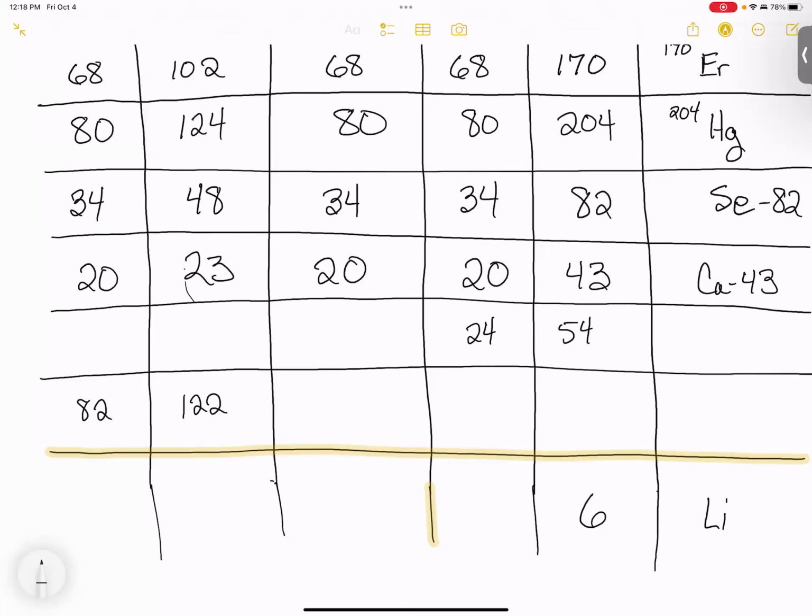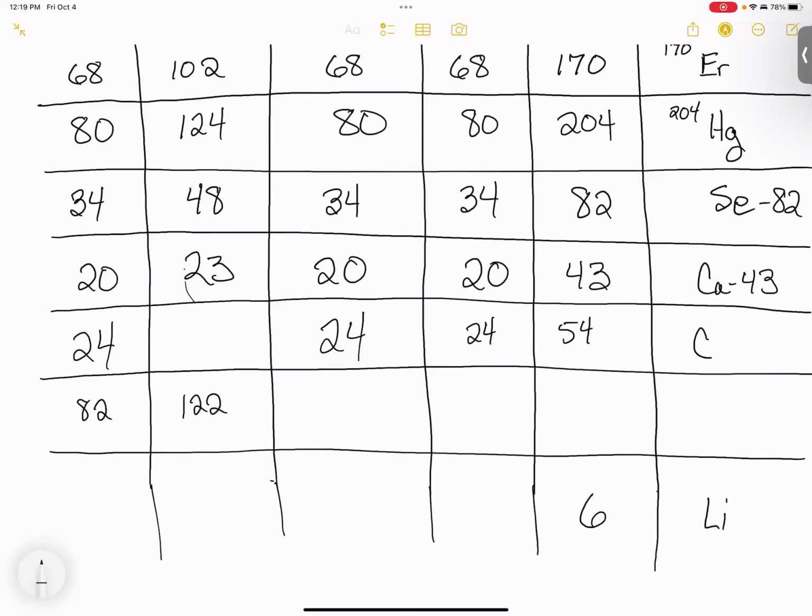In the next one, I gave you the atomic number and the mass number. Which one do I want to start with? Atomic number. What is the atomic number? 24. So what does that mean? 24 protons, 24 electrons, and what else? The element, which is?